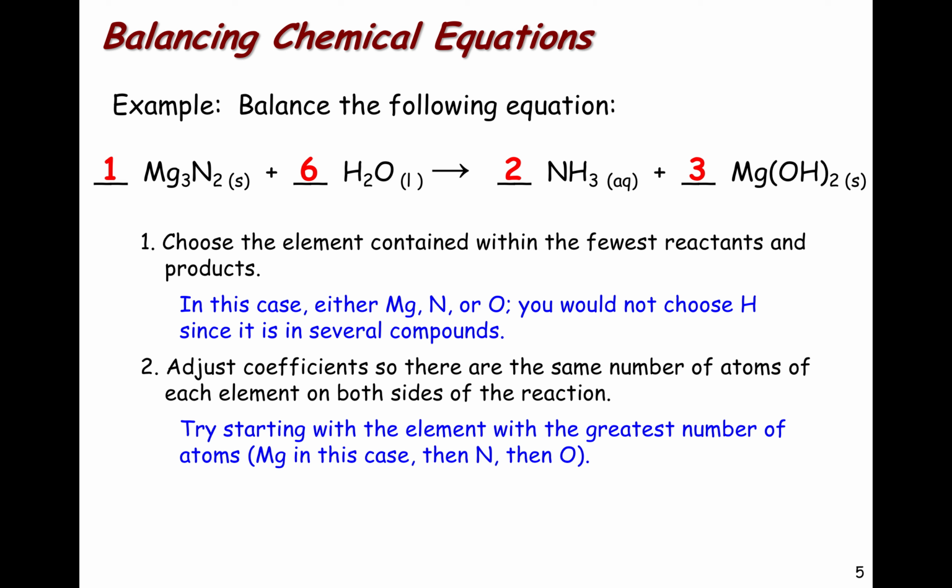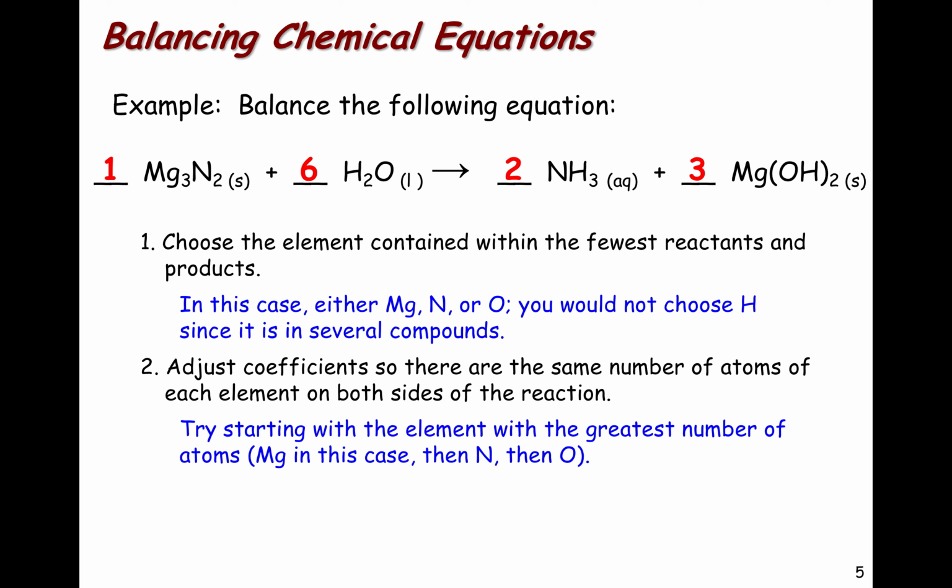But then there was that coefficient of 3, so there were 6 hydrogens in the magnesium hydroxide, and there were an additional 6 hydrogens in the ammonia. So that gives us a total of 12 hydrogens on both sides of the reaction. At this point, then, we would check the oxygens.